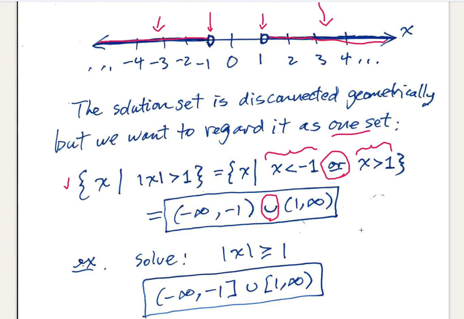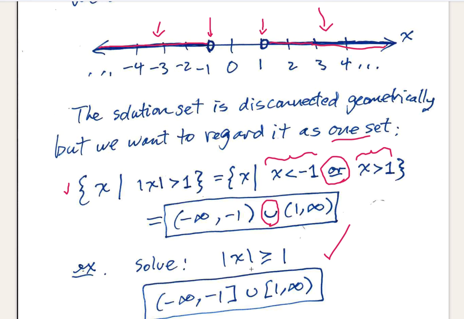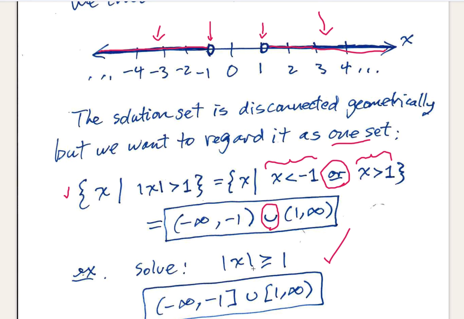Okay, I won't spend too much time on the second one. I sort of belabored the point in the previous example. But if I go the set of all x such that absolute value of x is greater than or equal to 1, okay, there's my solution for what? The set of all x that has absolute value strictly greater than 1, and all that would be left is the values of x whose absolute value is equal to 1, and that's what? Plus or minus 1.